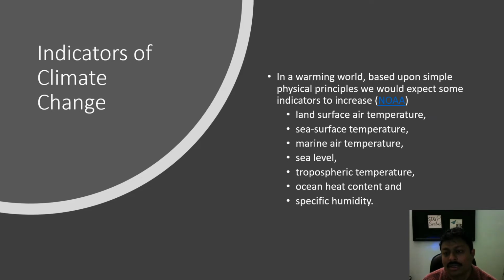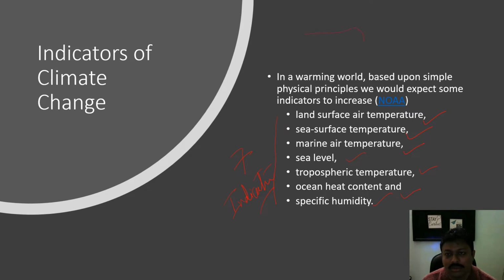They have recommended that land surface air temperature, sea surface temperature, marine air temperature, sea level, tropospheric temperature, ocean heat content, and specific humidity are the 7 main indicators of climate change.